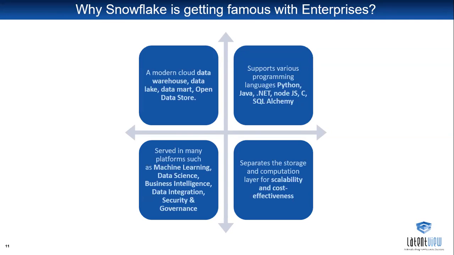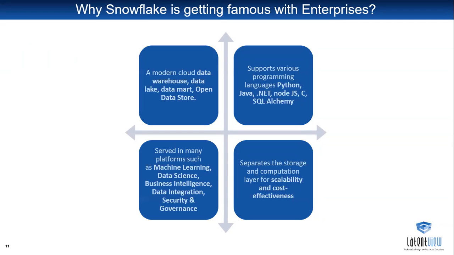If you take the real-time data warehouse, the size of the warehouse has to increase depending on your goods, and the number of workers has to increase depending on the goods. The same way with storage and compute, it's not complicated. They are separated so that they can scale up and scale down efficiently, so that cost effectiveness comes into the picture. So this is about Snowflake.